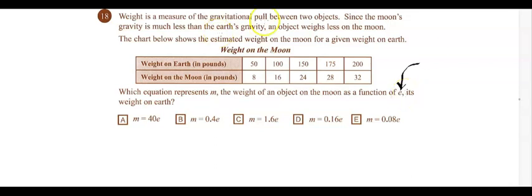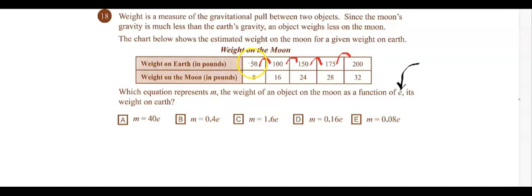All right, let's finish this up. Let's find the slope. 50 to 100, what's the change? 50. 100 to 150, 150 to 175 is 25, 175 to 200. As long as it's consistent. I'm going to try it twice.